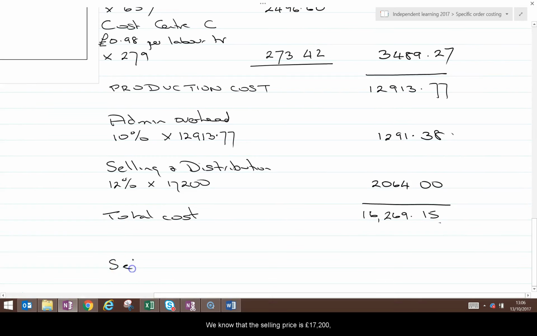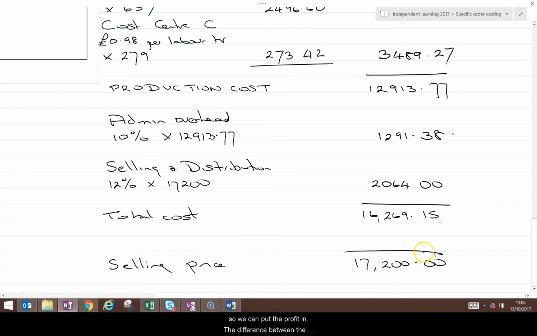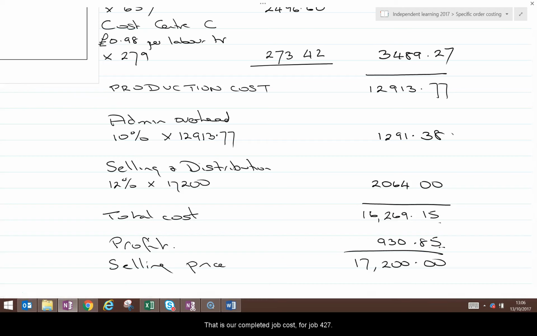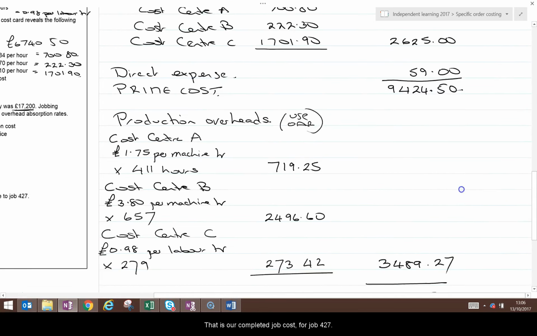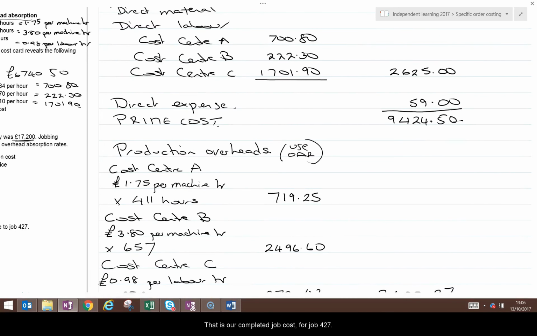We know that the selling price is £17,200, so we can put the profit in, difference between the cost and the selling price, so £930.85 profit. So that is our completed job cost for job 427.